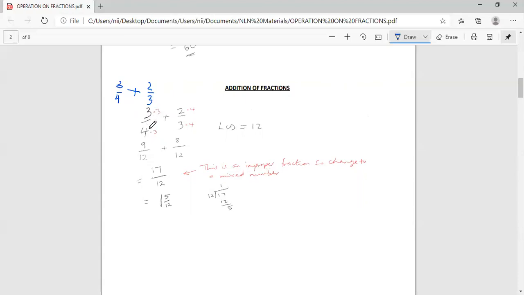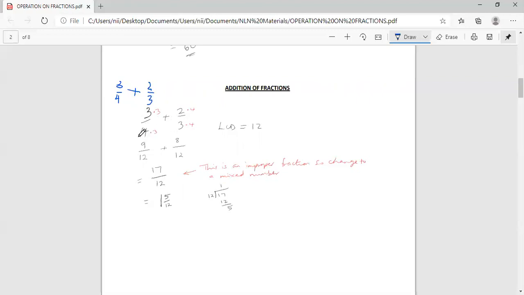Now we're going to write each of these fractions with the common denominator, the least common denominator. Okay, so we want to write each of these as equivalent fractions with a denominator of 12, the LCD. So how can we do that? I'm going to ask myself, what can I do to each of the denominators to get 12?